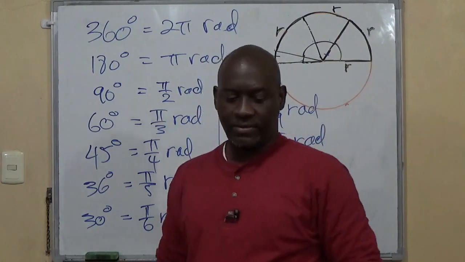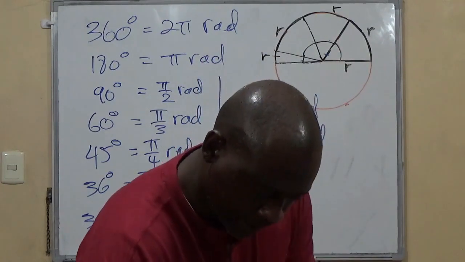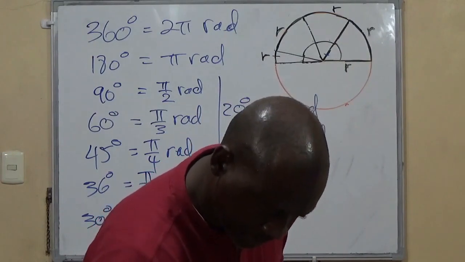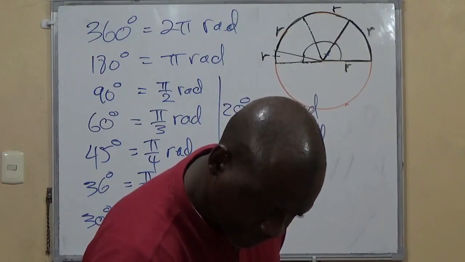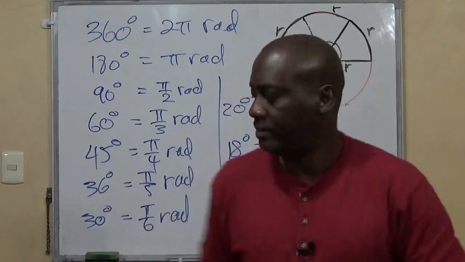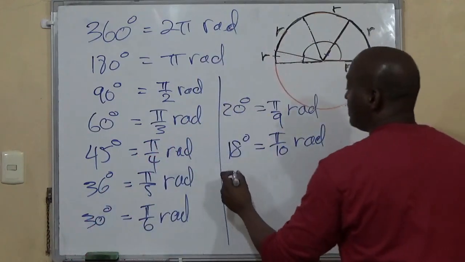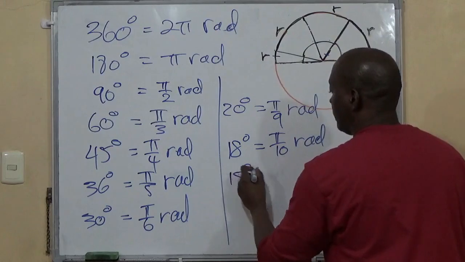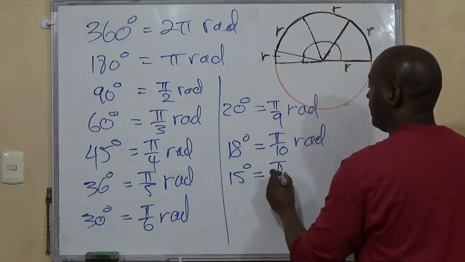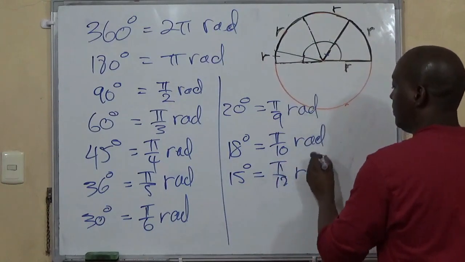We divide 180 by 12, you get 15. So 180 divided by 12 is 15 degrees. 15 degrees is pi over 12 radians.